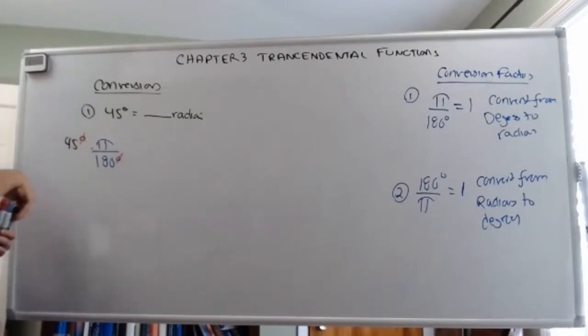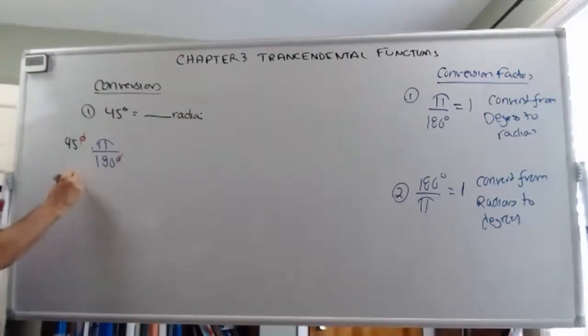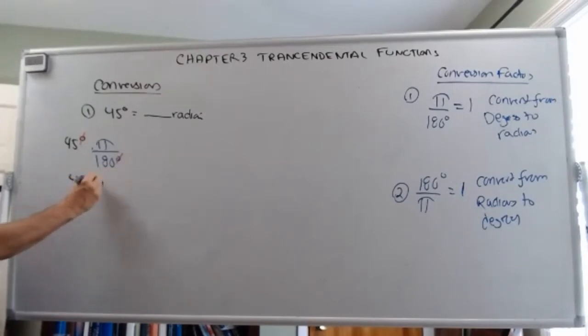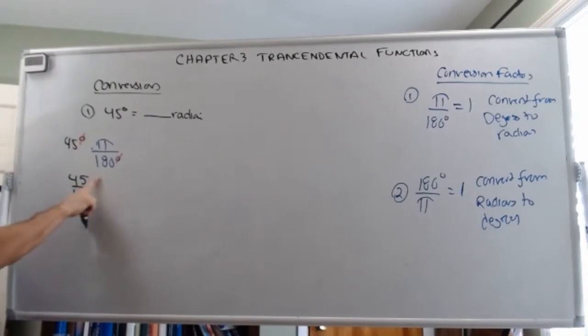So this is now equivalent to 45 over 180, times pi. Let me just move the pi out. And then I can simplify this. I can divide top and bottom by 45.